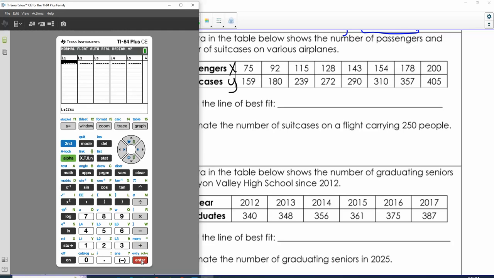Now, you have to type in your points. These are like ordered pairs, so they have to go in order. So in my L1, I'm going to put all my X's. So I have my 75, 92. Everybody's doing this with me. Everybody should have a calculator in their hand right now, typing these points in. If you have trouble getting your list cleared or anything, please ask.